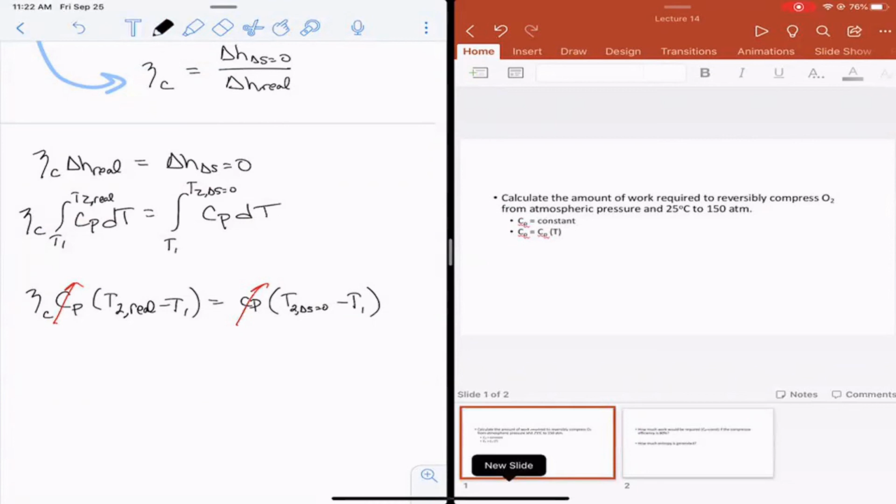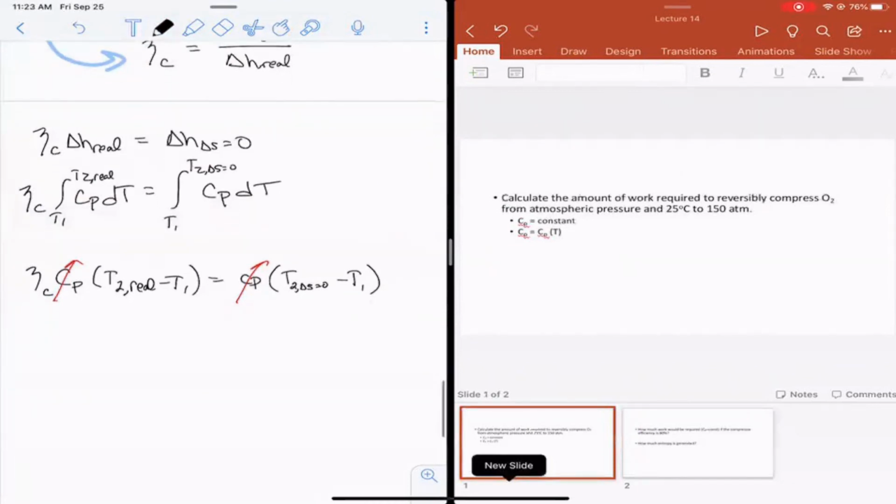If you just rearrange this equation, you find that T2 real equals T1 plus T2 when delta S is equal to 0 minus T1, divided by our compressor efficiency. And of course, when the compressor efficiency is equal to 1, then T2 real just becomes equal to T2 when delta S is equal to 0.